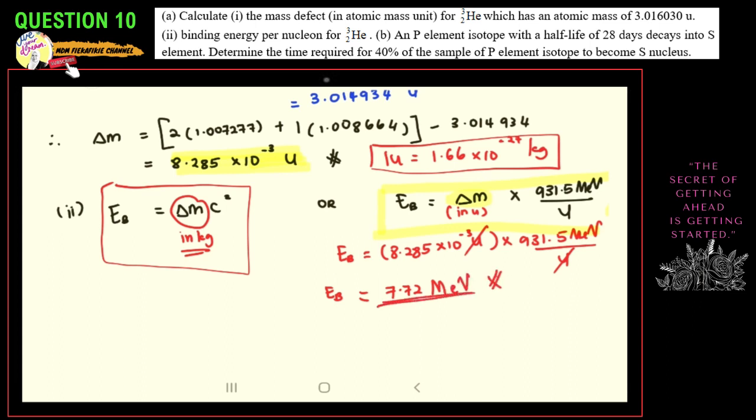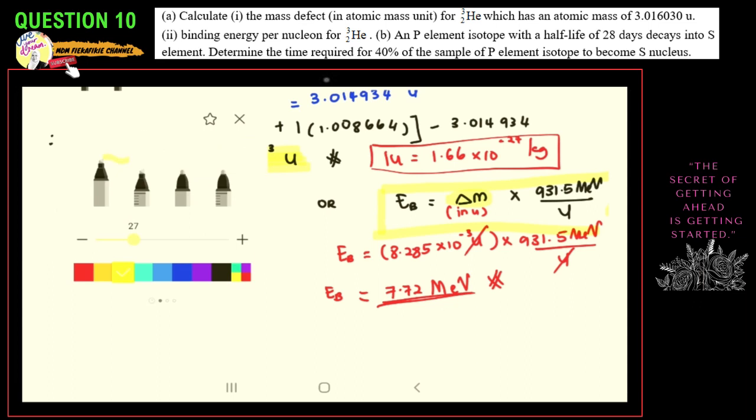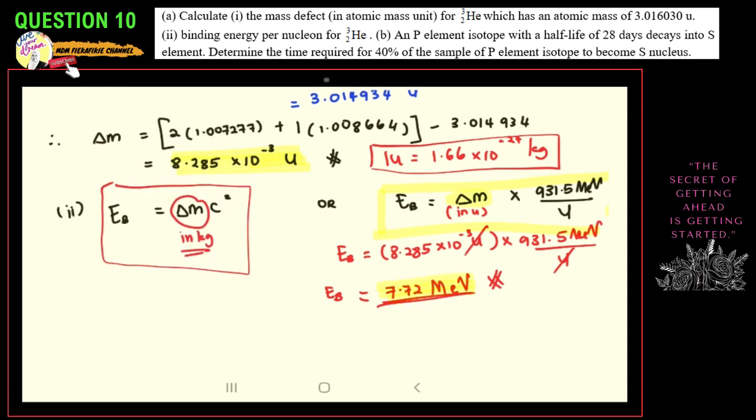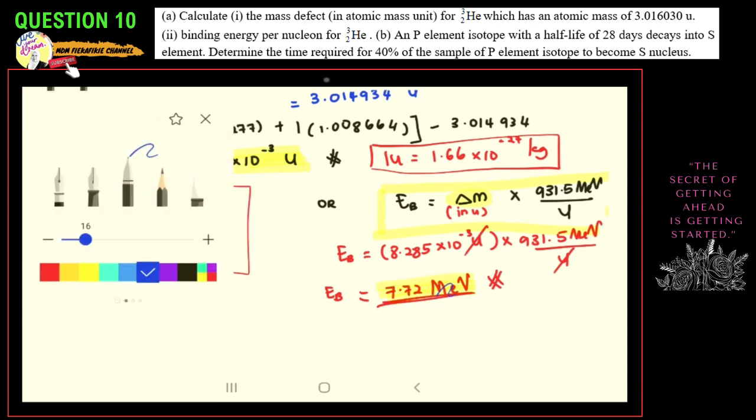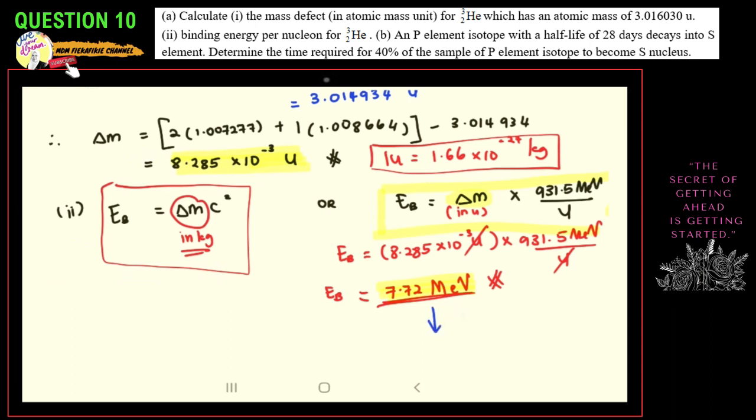Alright, so this is in unit electron volt. If you want to change to joule, remember 1 electron volt is equal to 1.6 exponent negative 19 joule. So you boleh tukar lah. Buat 7.72 MeV. Kalau confuse darab ke bagi, buat darab silang.